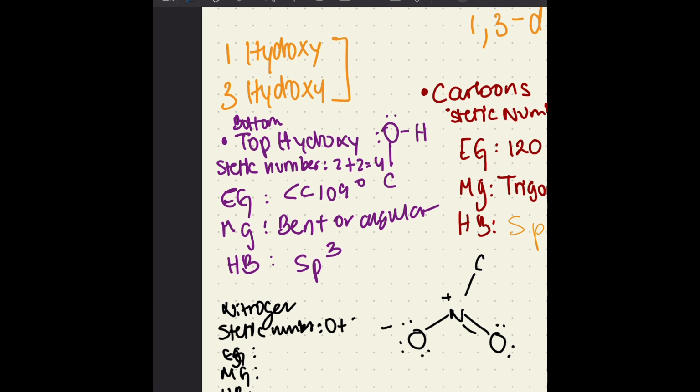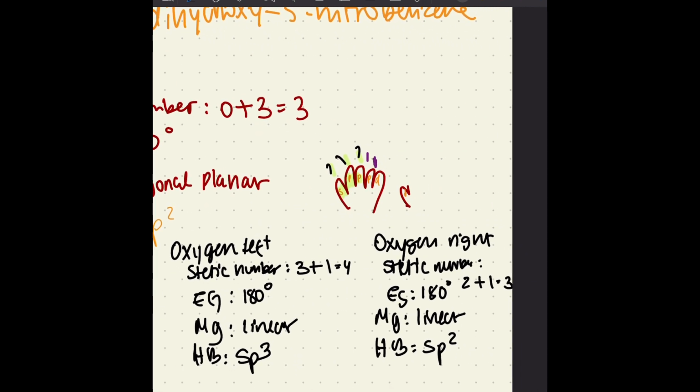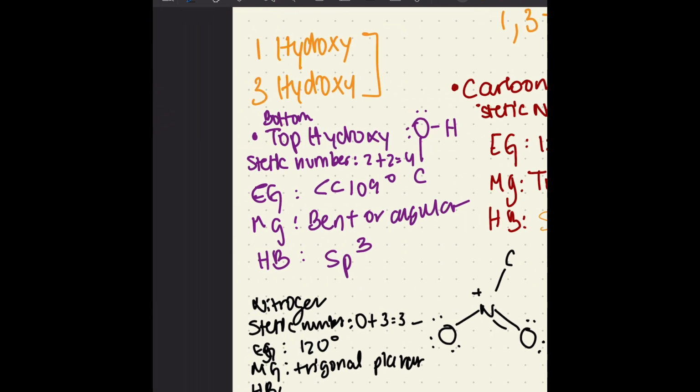The steric number is 3. Then for electron geometry, you go on the VSEPR table. 0 lone pairs with 3 is going to be 120 and trigonal planar. For the hybridization, we go again with the fingers, and that's going to be sp2.